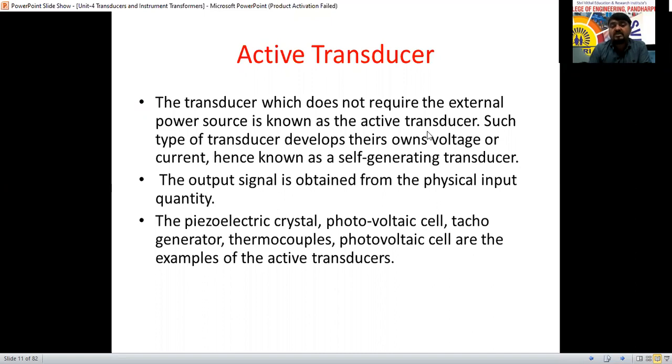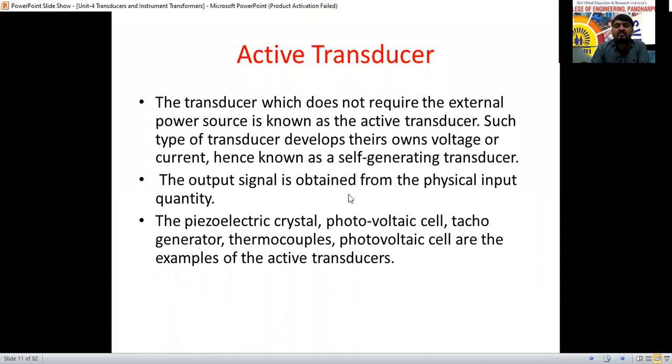Such transducers develop their own voltage or current, hence they are known as self-generating transducers.